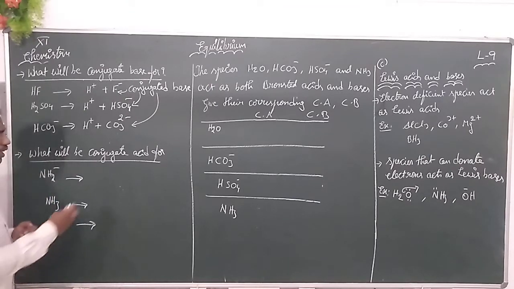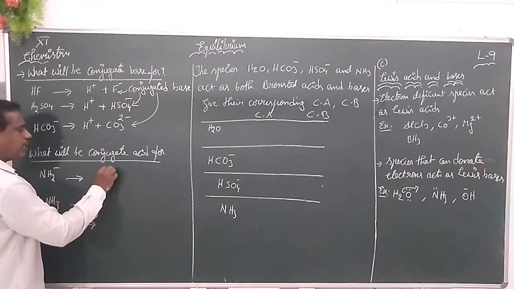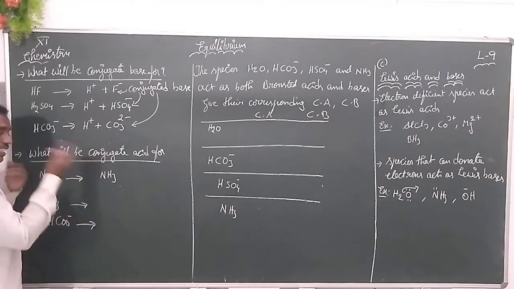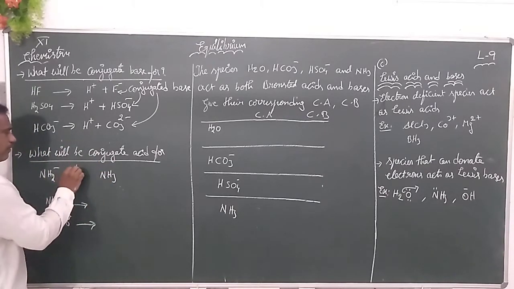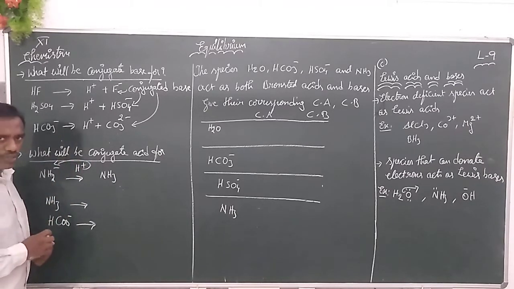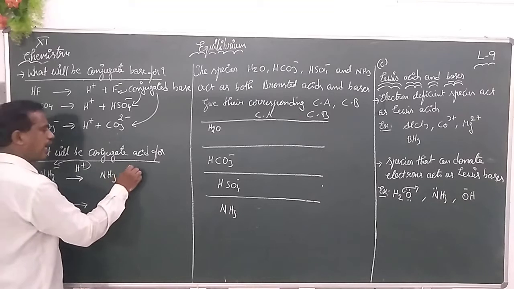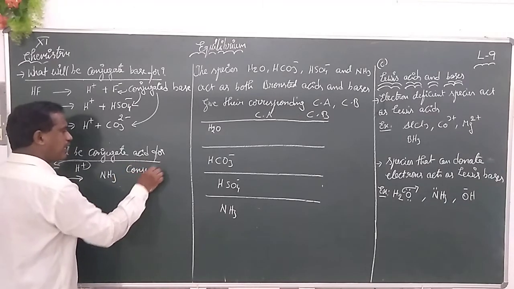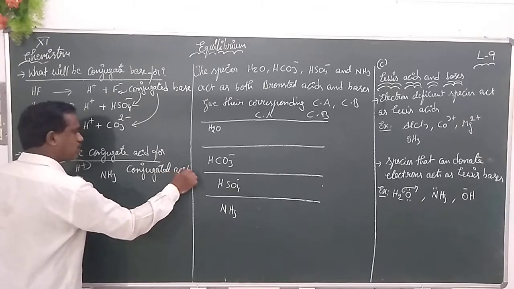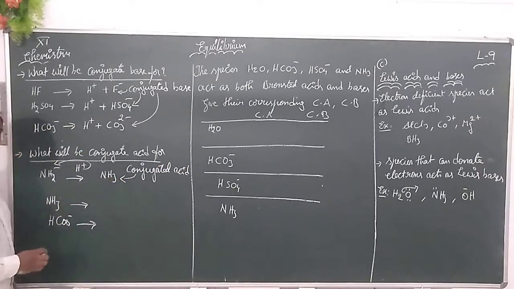After accepting one H plus, it will convert into NH3. So this is the conjugate acid for NH2 minus.